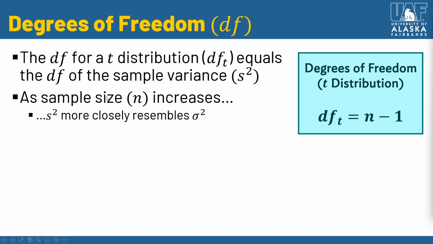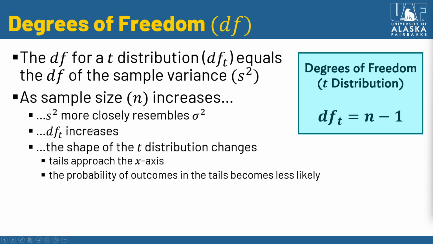So in other words, as the sample size increases, our sample variance is getting more and more similar to, or analogous to, the population variance. So our accuracy is getting a little bit better, you could say. As we do this, our degrees of freedom increases along with our sample size, with the sample variance more closely resembling the population variance.